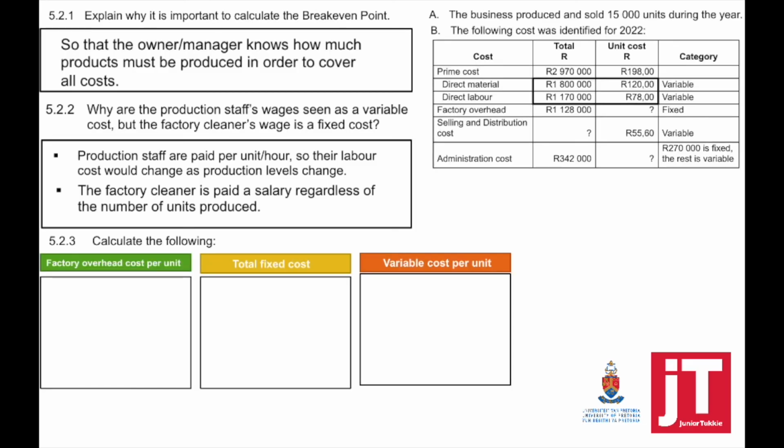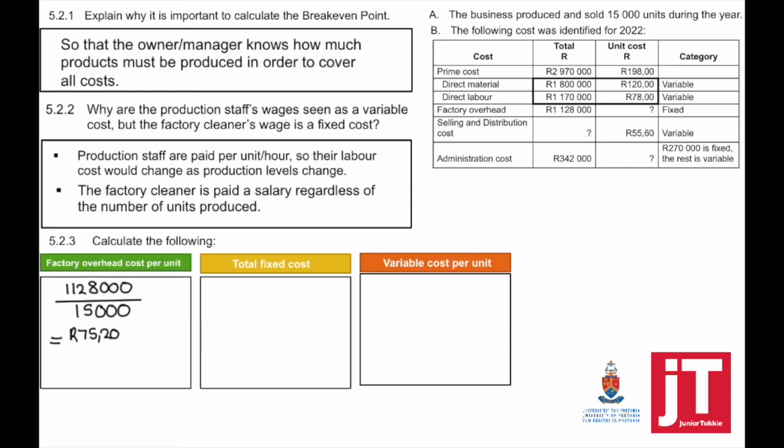Calculate the factory overhead cost per unit. We take the total manufacturing cost divided by the number of units that were produced. That will equal the unit cost.